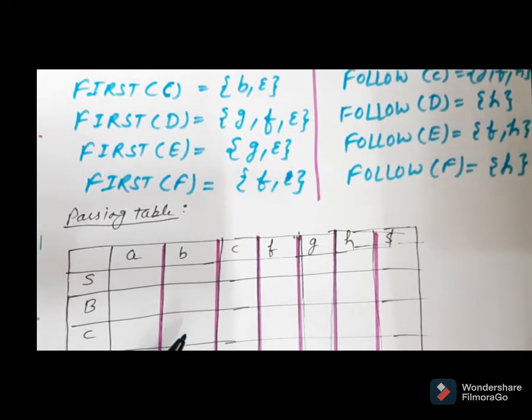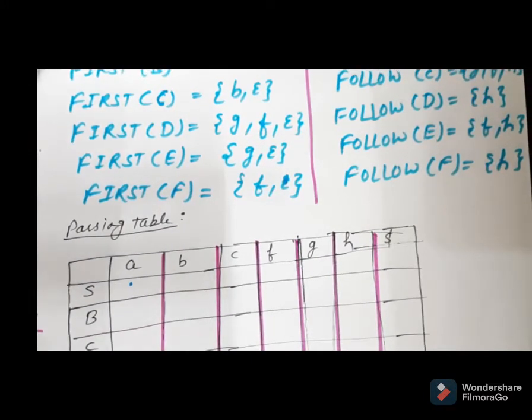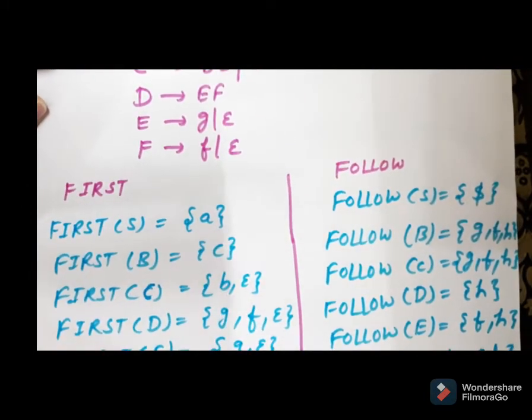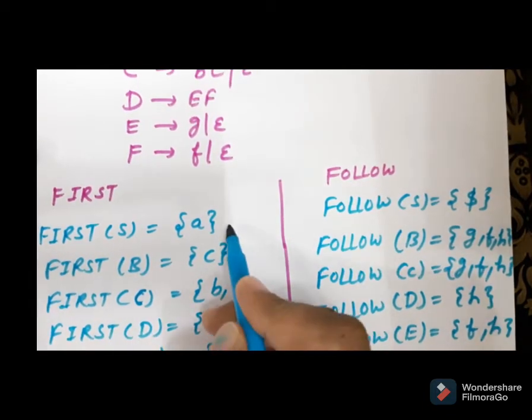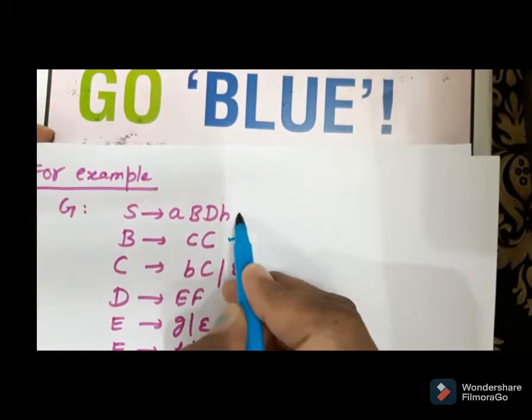And now first I have to fill this column. Look at this, first of S is A. First of S is A, and with the help of which production do I get this one? This production.